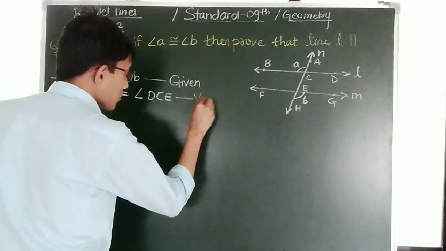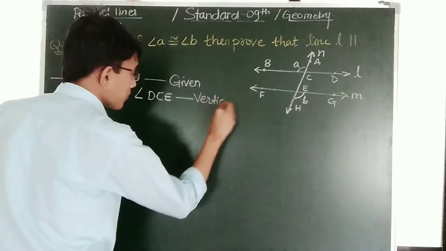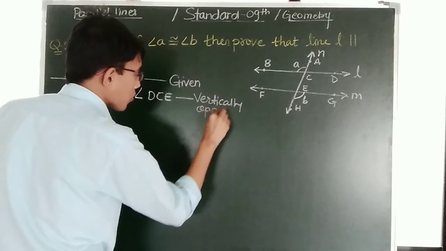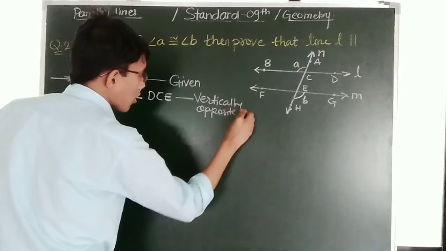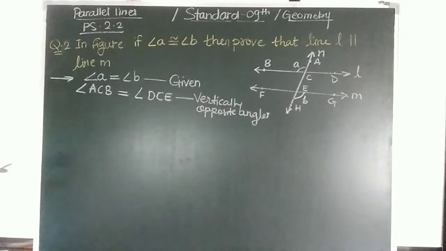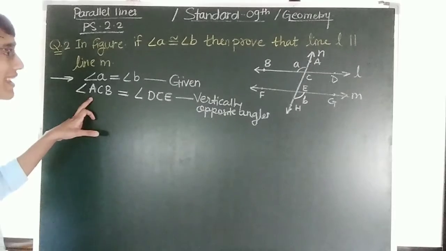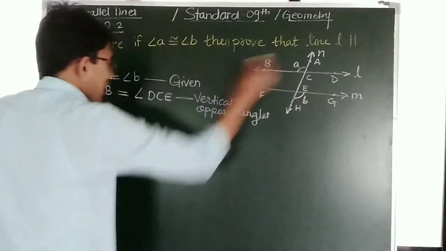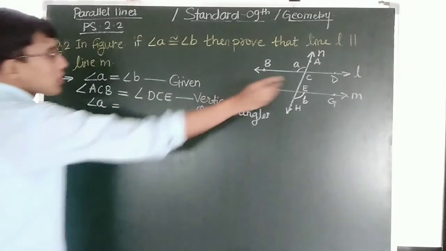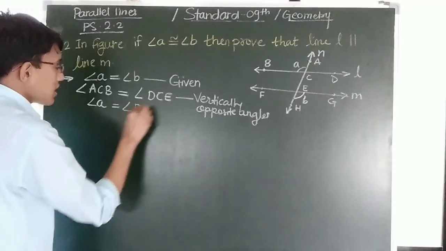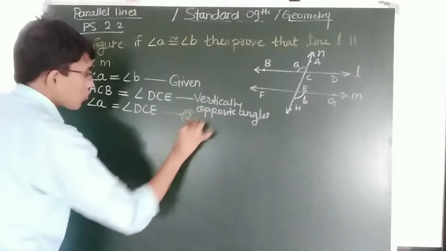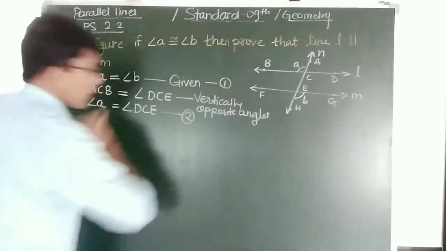Okay, so we will write the reason: vertically opposite angles. Okay, so what is angle ACB? It is nothing but angle A, so I can write angle A is equal to angle DCE. Okay, this will be my equation 2, and I will take this given as equation 1.